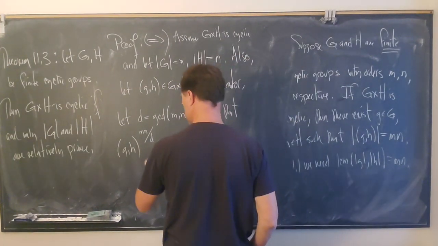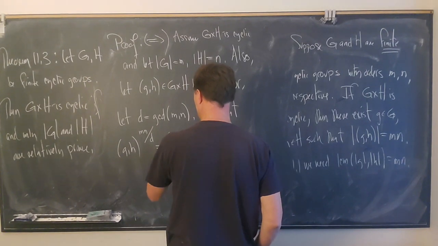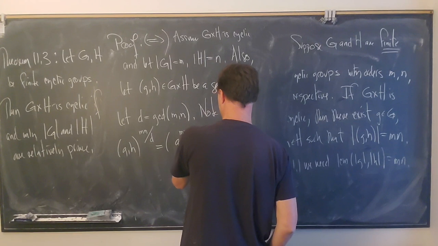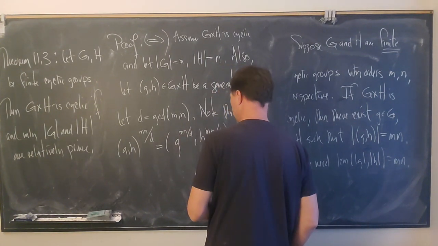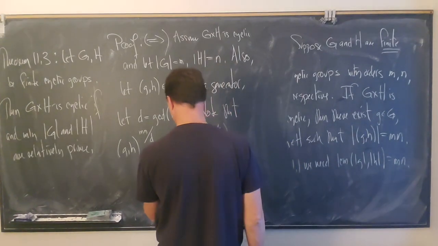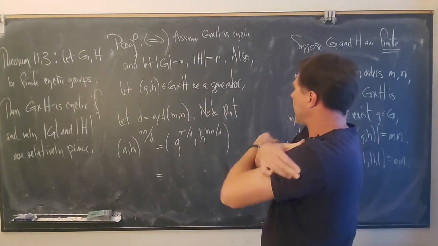Now, okay, so let's break this out. So this is g raised to the MN over D, comma, h raised to the MN over D. And then if you fiddle around with this, what do we get?